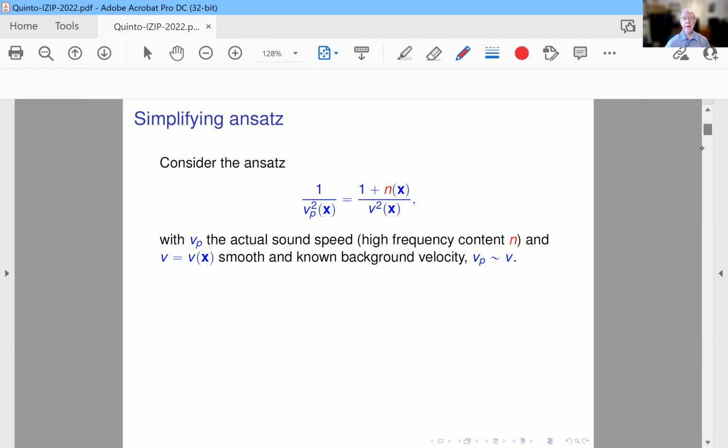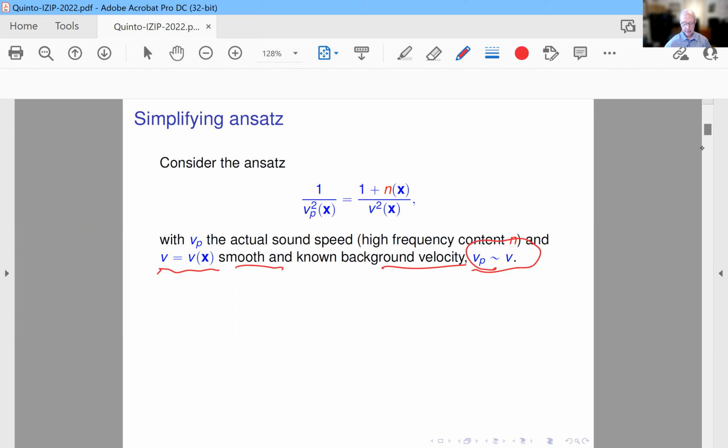Okay, we make a simplifying ansatz that is very common. Remember, Vp is the actual sound speed, the so-called perturbed sound speed, when you have stuff in the ocean. We choose a velocity v that's smooth and known. And in order for this ansatz to work and give reliable reconstructions, our velocity shouldn't be really super different from the background, at least if we're going to use the wave equation model.